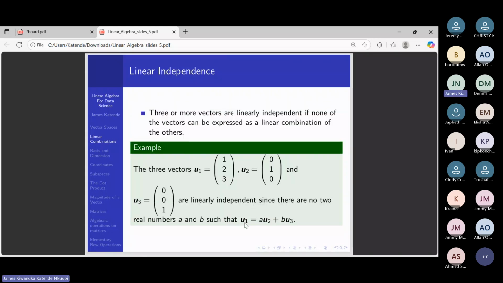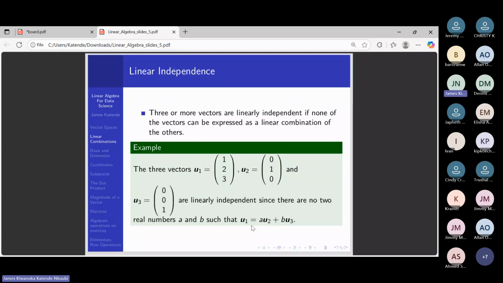We can set up this equation and substitute the vectors with the scalars A and B here. Initially we don't know what these scalars are, but we want to check whether it's possible to find such scalars. So we label them A and B and place them in this equation.